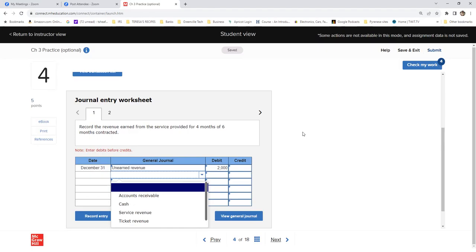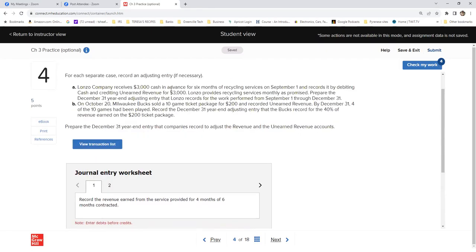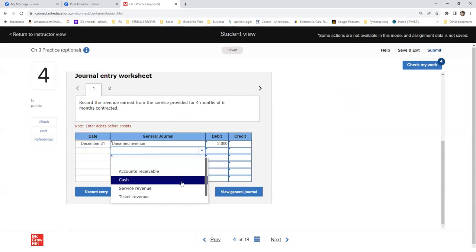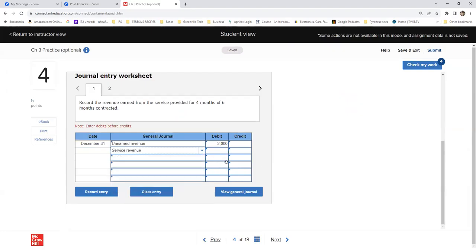I think I know what it is. This is one of them trick questions. Well, there should be a, oh, there it is, service revenue. I'm sorry, I missed that. I thought it was one of those gotcha questions where they tried to say that it was on account.